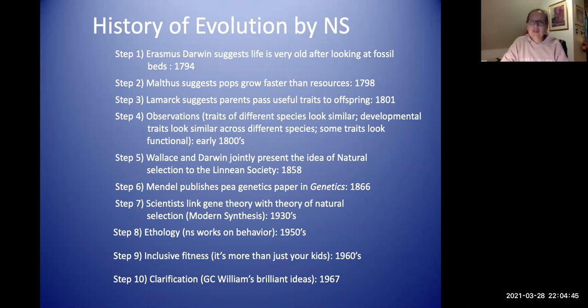And then we have G.C. Williams, who's clarifying a lot of these really complicated ideas and making it accessible in 1967. Okay, so at this point, most of you, if you followed all of these and you've done your study guides, you guys are ready for the exam on this. But most of you guys have a pretty sophisticated understanding about natural selection and evolution.